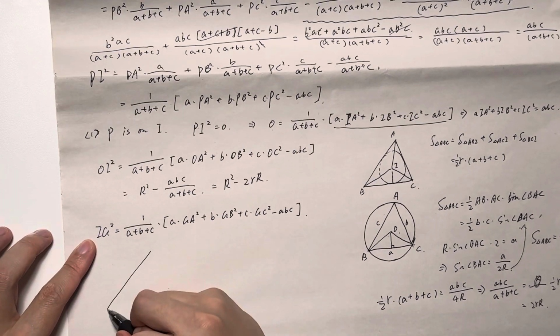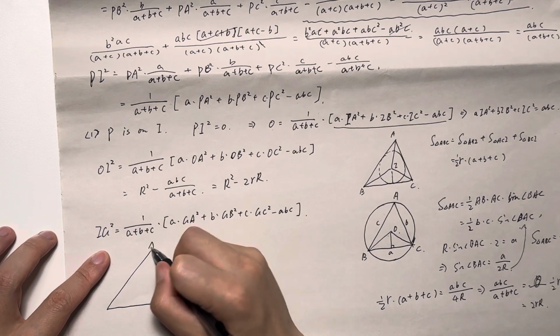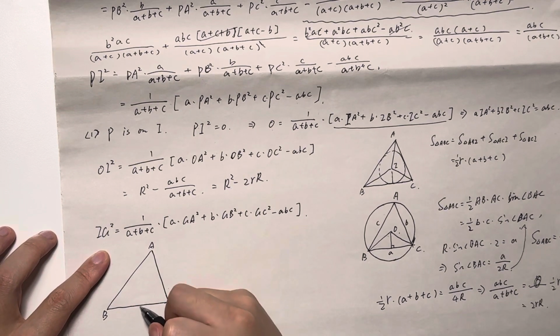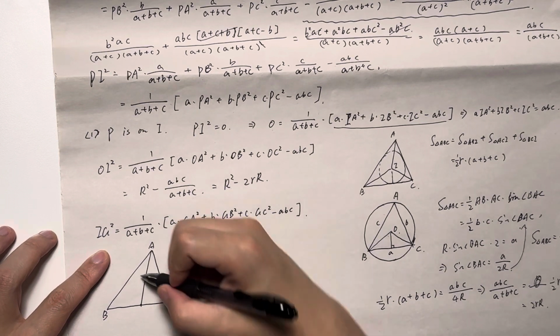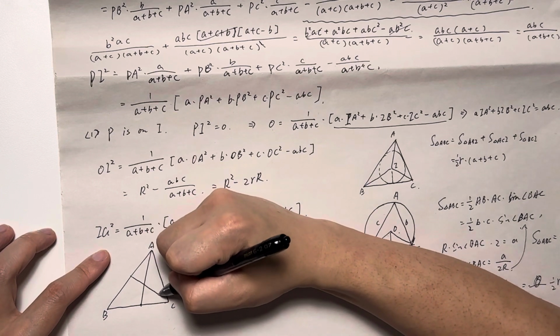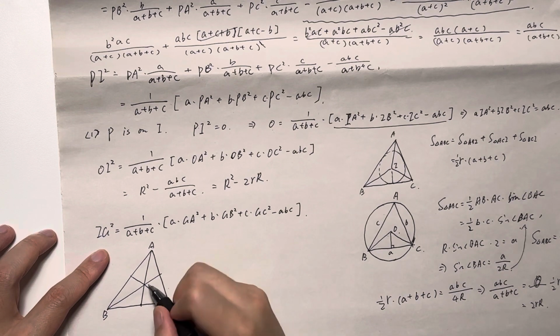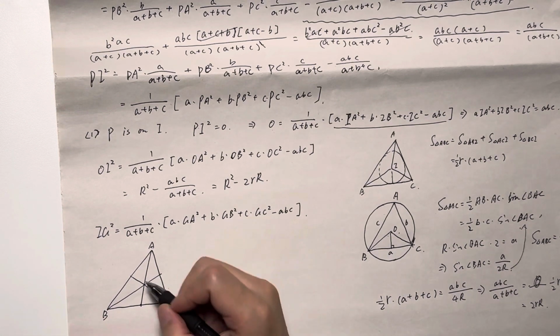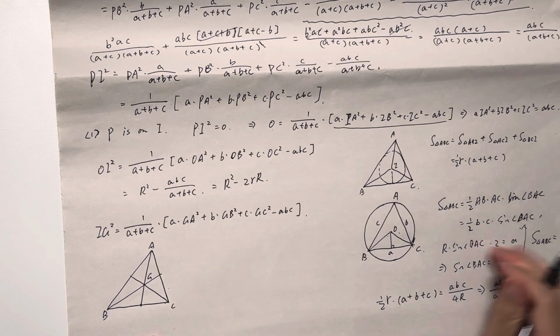Right, so we want to know GA squared, GB squared, and GC squared. And we're talking about the centroid, right? So here, we want to calculate GA, GB, and GC.